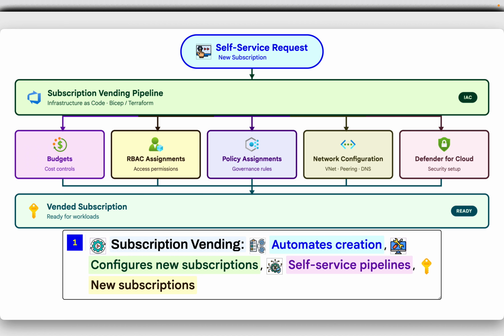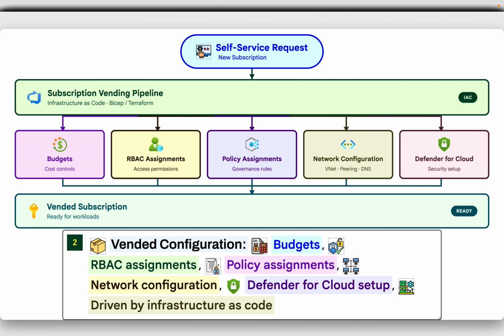So teams can request a new subscription and get one ready to use. Each vended subscription comes pre-configured with budgets, RBAC assignments, policy assignments, network configuration, and Defender for Cloud setup. Everything is driven by infrastructure as code, and official Bicep and Terraform modules exist for this particular pattern.